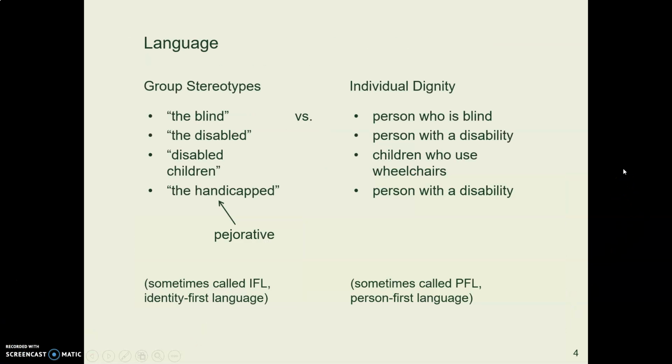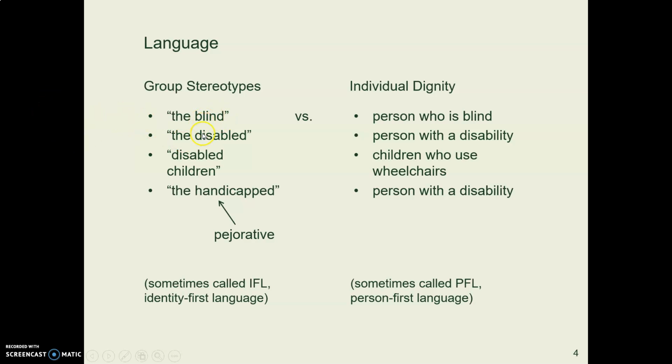You may have noticed the language that I use. I use what is known as person-first language. So I will say a person who uses a wheelchair, a person who has visual impairment. I do not say the handicapped, the blind. These old stereotypes, identity-first language they're called, label the person as first and foremost whatever their disability is.